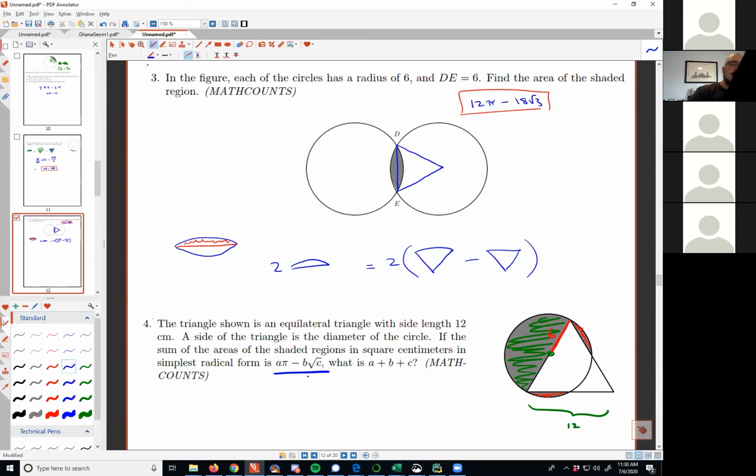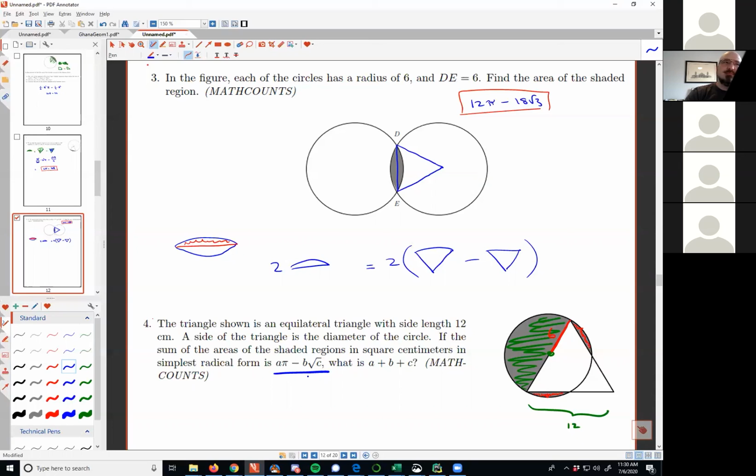First, what's our area? Let's find that. Let's not bother with the way the problem's asked. That's probably for easy checking for a contest problem. What's our total area? The semicircle is 18 pi.